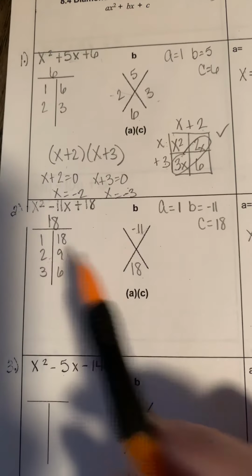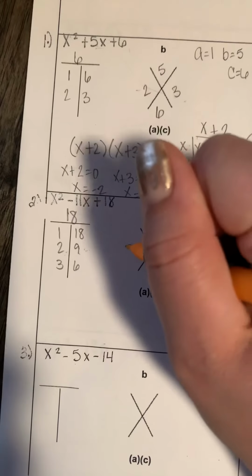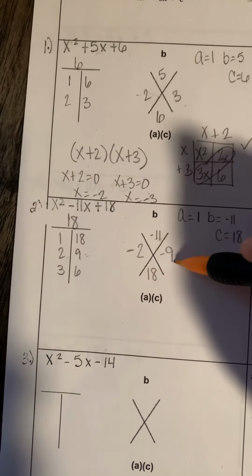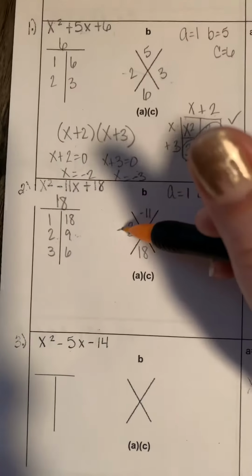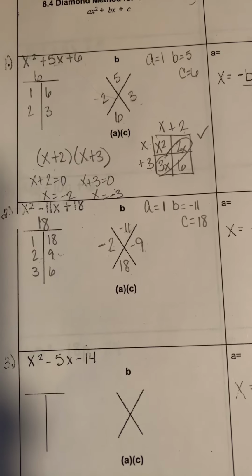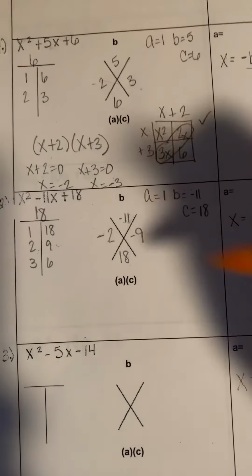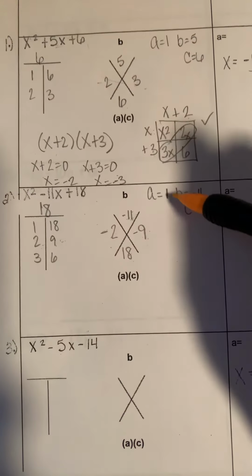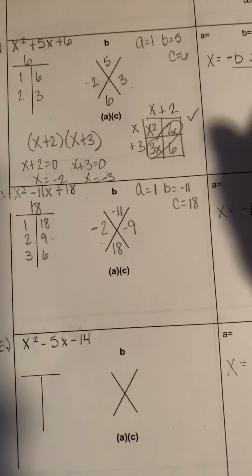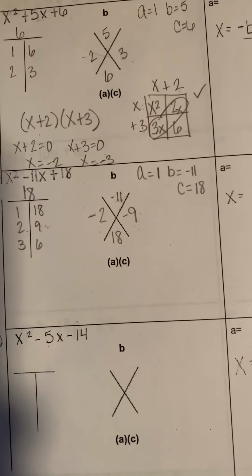But then what if I make them both negative? Negative 2, negative 9 adds up to give me negative 11 and multiplies to give me a positive 18. Then you divide your factors by your A, but if A is 1, you don't need to show that because you're just going to get right back to itself again.